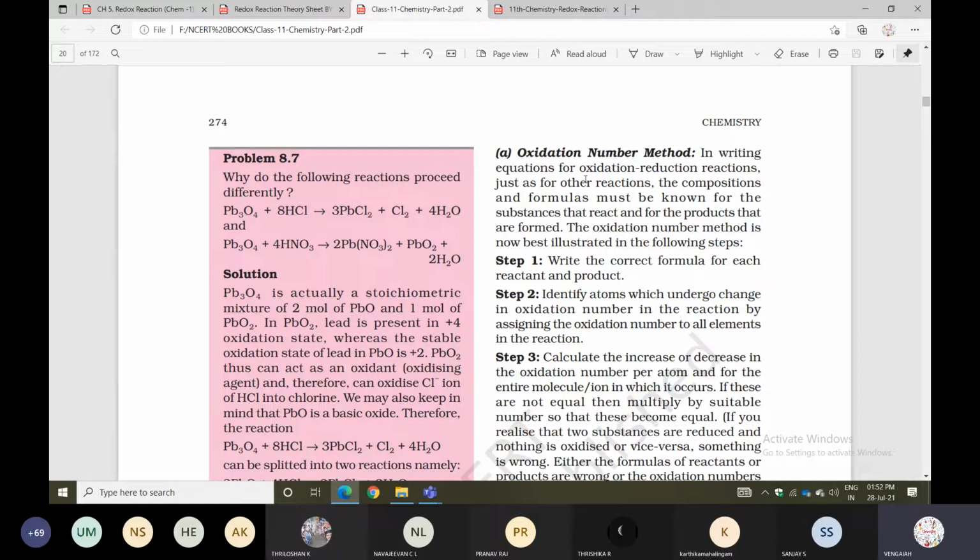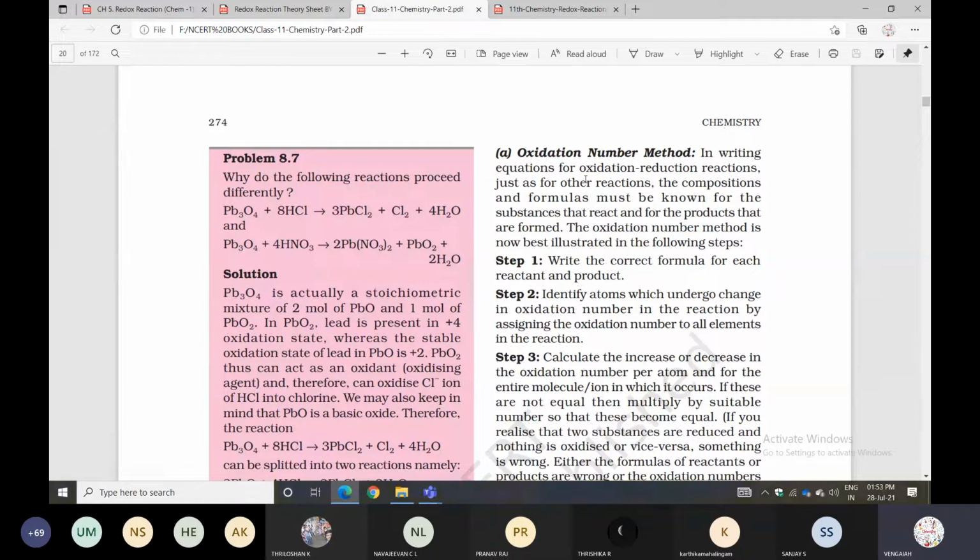Step 2: identify atoms which undergo a change in oxidation number in the reaction by assigning the oxidation number to all the elements in the reaction.